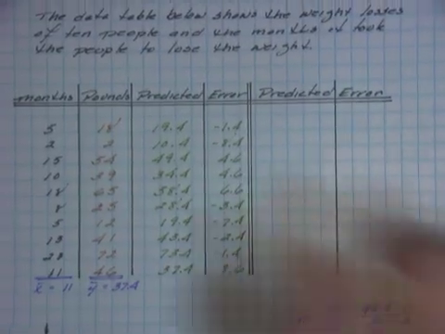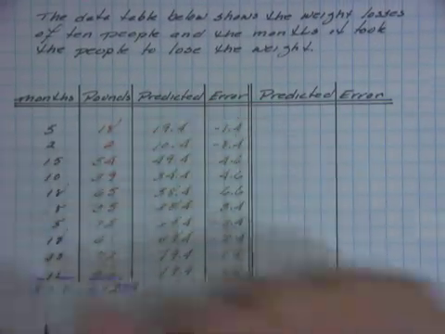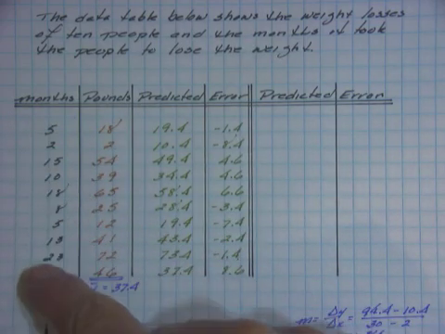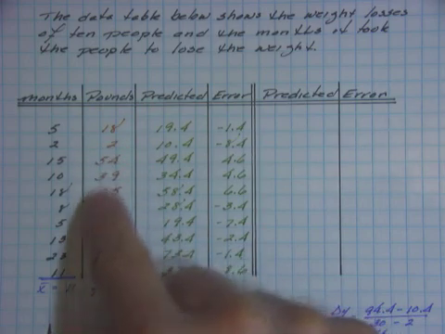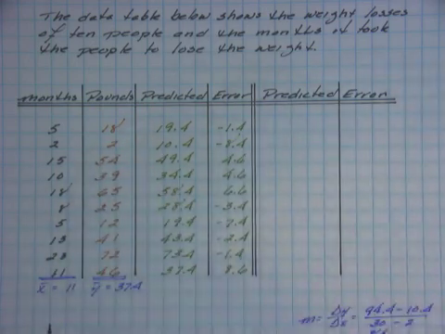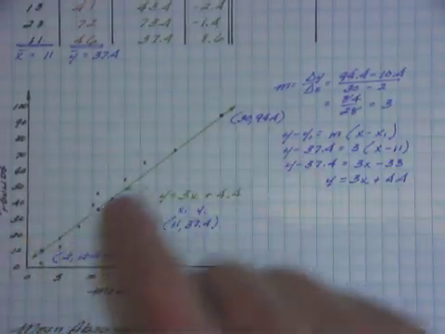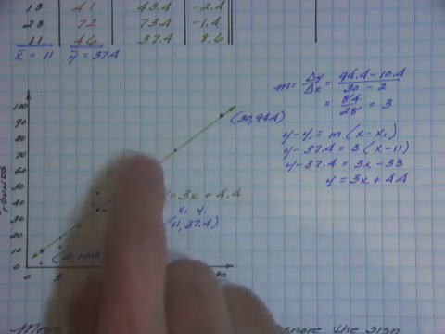So what we've got here is a table. 10 people went on a diet. This column tells us the number of months, and this column tells us the number of pounds they lost. Now I've already gotten ahead, and I've done the graph, and I've drawn a best fit line.